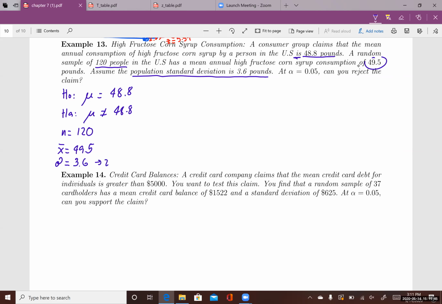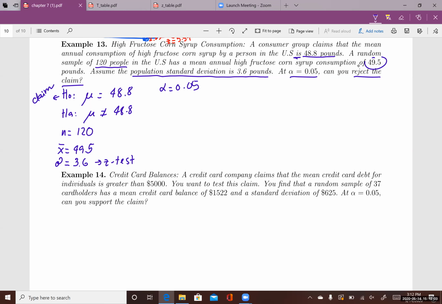Assume the population standard deviation is 3.6, so sigma is 3.6. Then you can use the z-test. Alpha is 0.05. At alpha equals 0.05, can you reject the claim? And the claim is the null hypothesis. They're asking if you have enough evidence to reject the null hypothesis. Using the z-test, you can use either the p-value or the critical value.